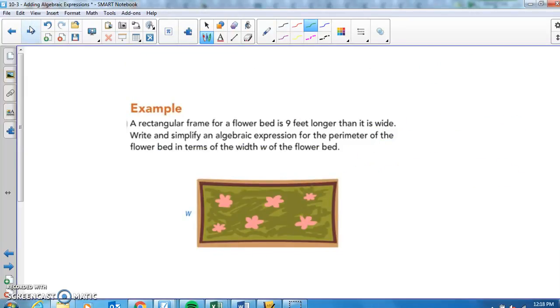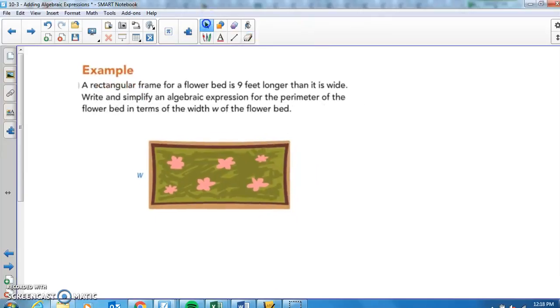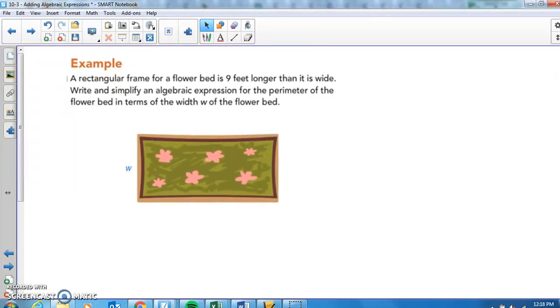All right, this one. A rectangular frame for a flower bed is 9 feet longer than it is wide. Write a simplified algebraic expression for the perimeter of the flower bed in terms of the width, W, of the flower bed. Now, this is the type of problem we're going to expect you to be able to work.